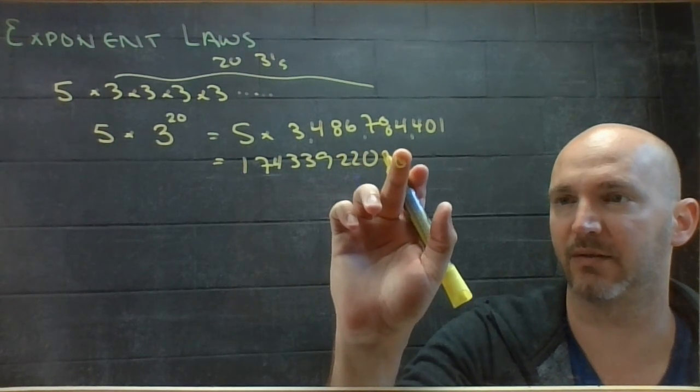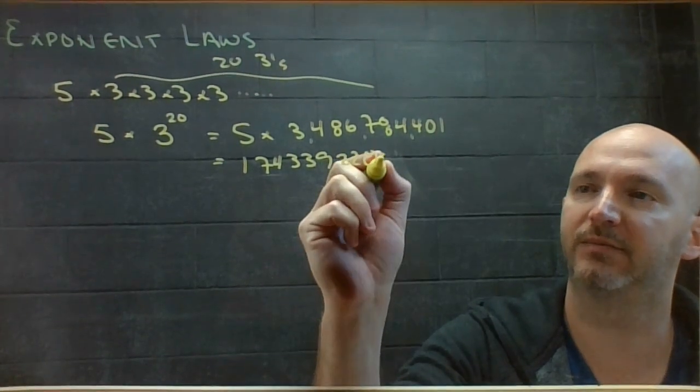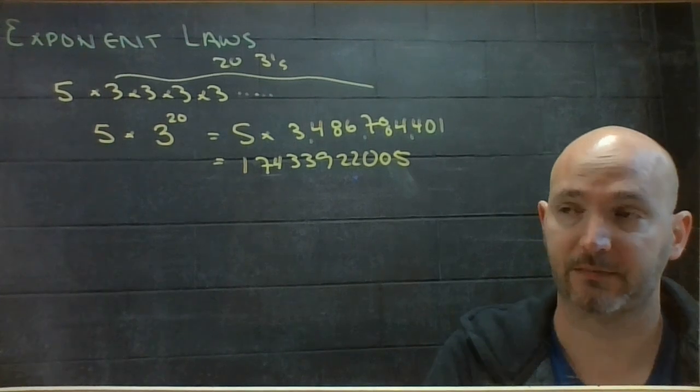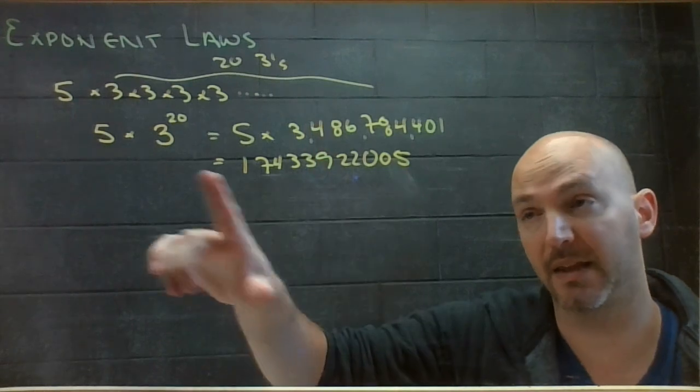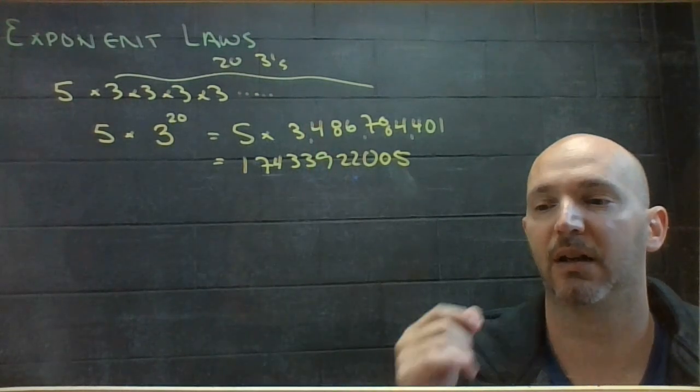There should be a 5 in the back there. Yeah, 05. Okay. So this exponent notation made that much faster to do than doing all the multiplications manually.